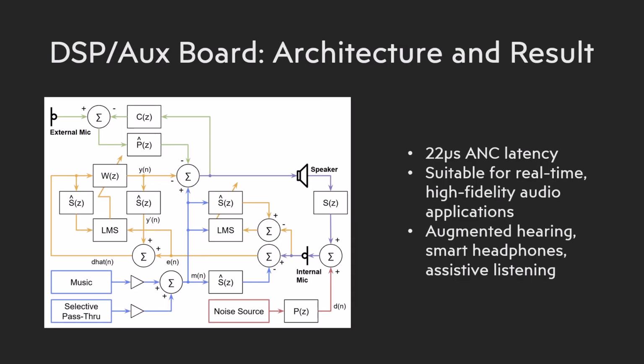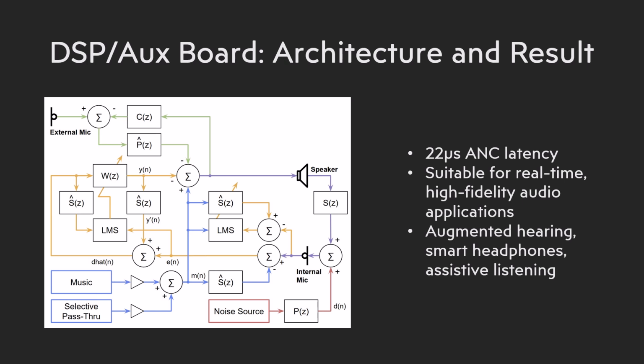Our digital signal processing is architected such that we can achieve active noise canceling over a wide band of frequencies. We use a combination of feedback and feed-forward techniques, just like what's used in industry, in order to achieve high-fidelity real-time noise canceling within 22 microseconds. We use external mic data and pass it through some custom-designed filters, as well as internal mic data, which is passed through two adaptive filters in order to create our cancellation signal.